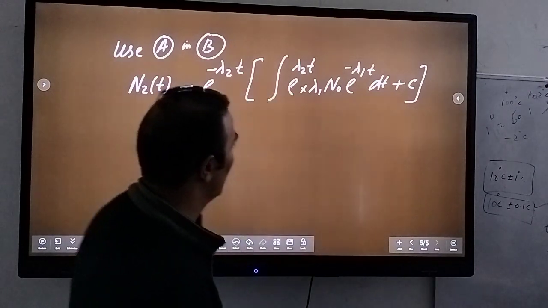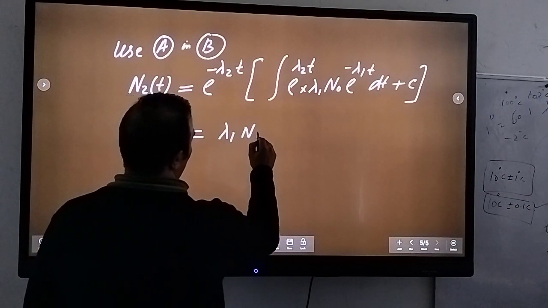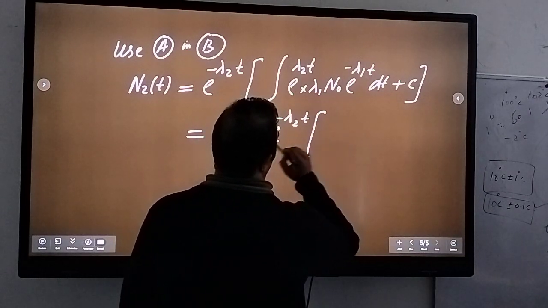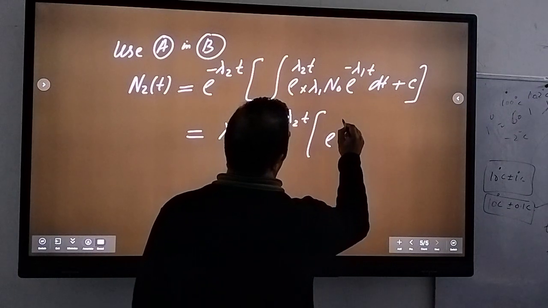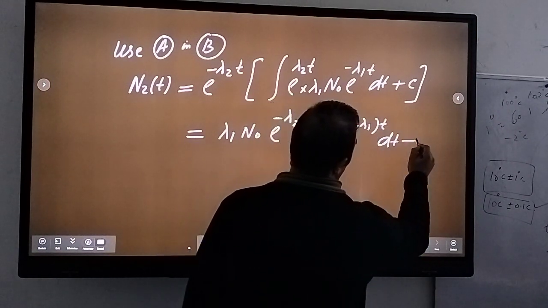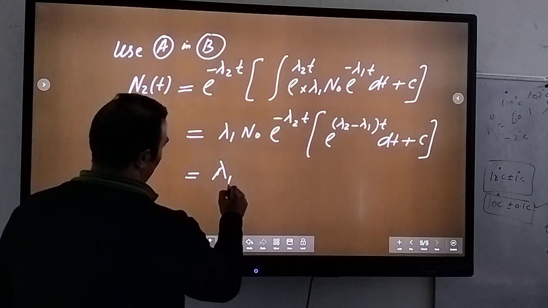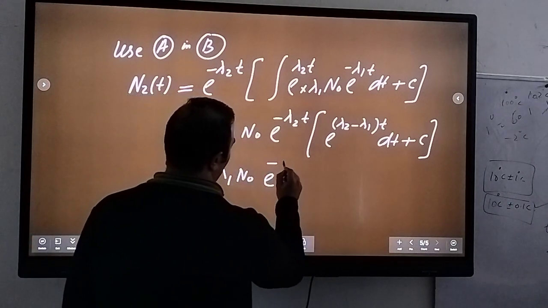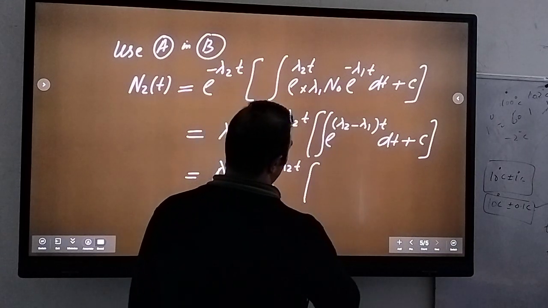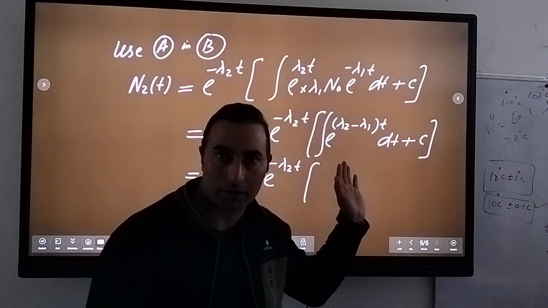We can rewrite this because lambda 1 is constant, the decay constant, and n0 is the initial concentration, so I can take them outside that integral.